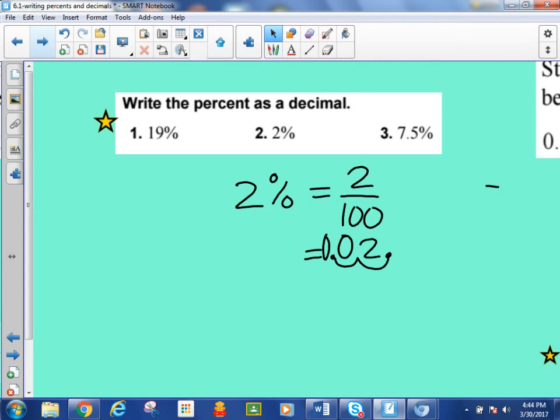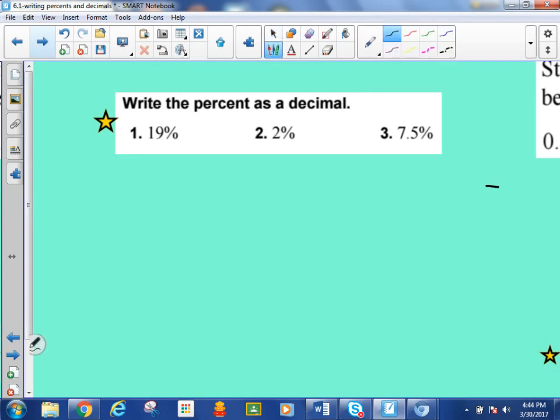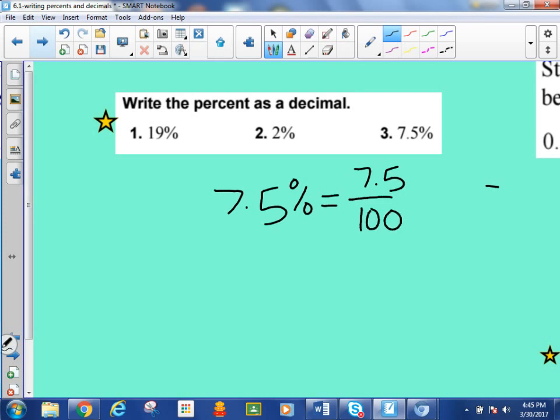All right. Last problem. I have 7.5%, which is the same as 7.5 over 100. So once again, you can either choose to divide 7.5 by 100, or I move my decimal. I see my decimal is right here.